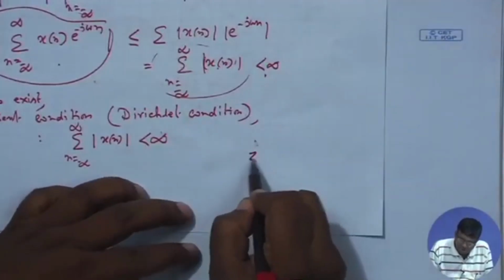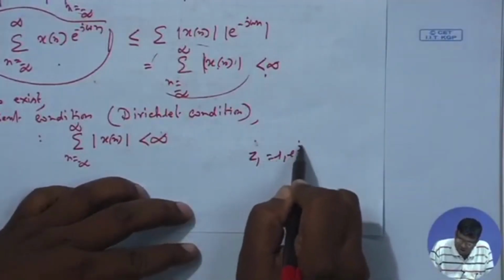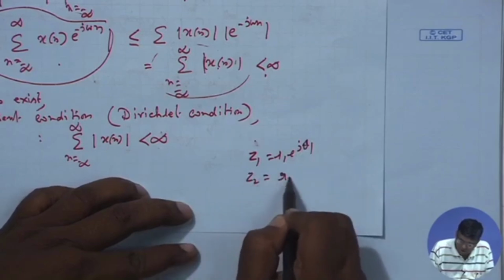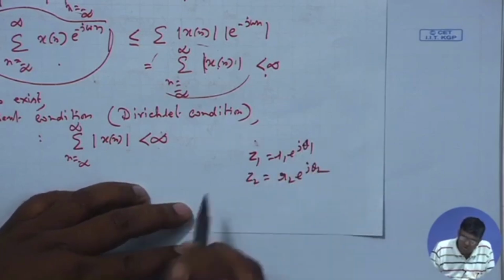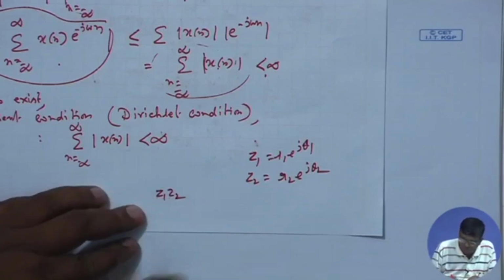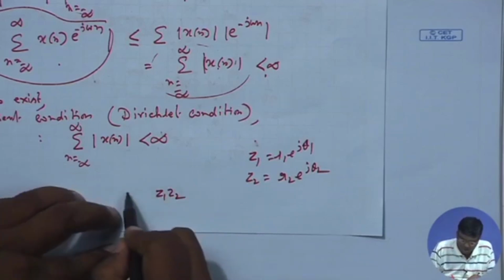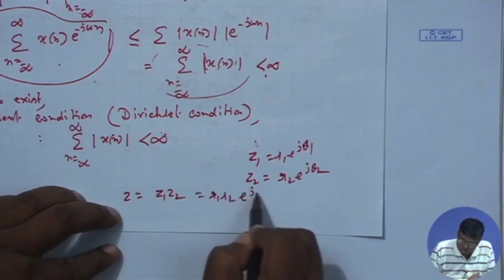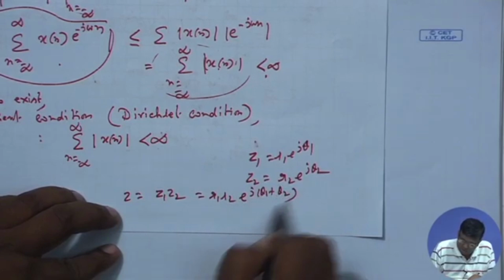We have seen the other day, again I am reminding you. Suppose Z1 is R1 e to the power j theta 1, Z2 another complex number R2 e to the power j theta 2. So, you have got Z1 Z2 as Z, you have got R1 R2 e to the power j theta 1 plus theta 2.